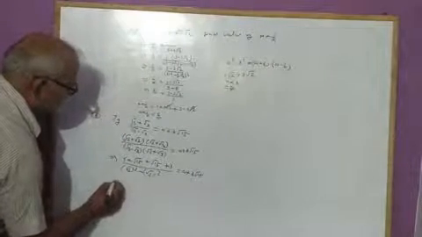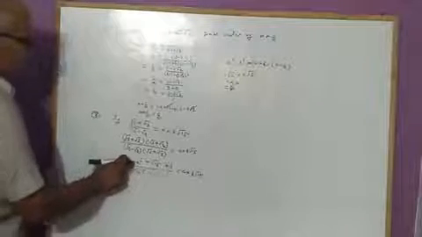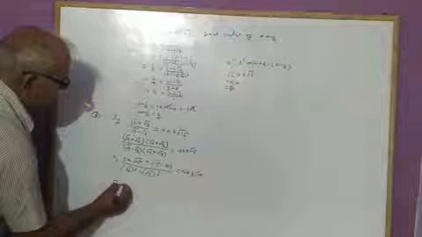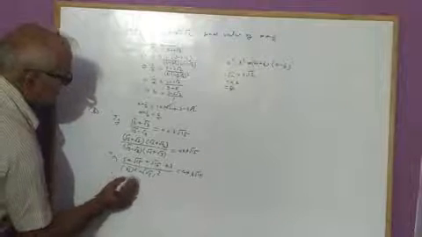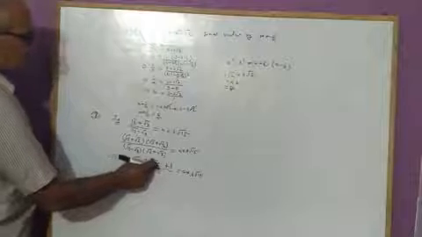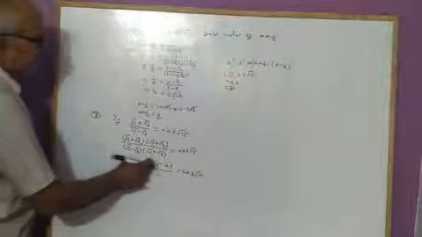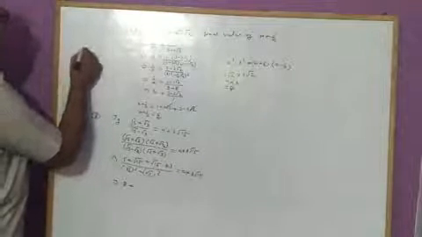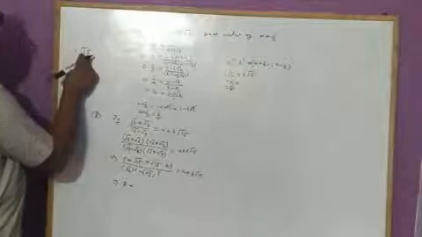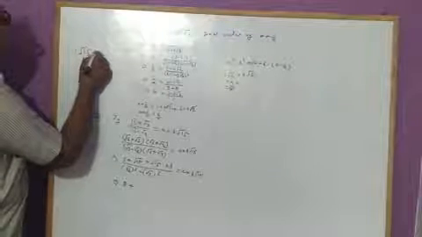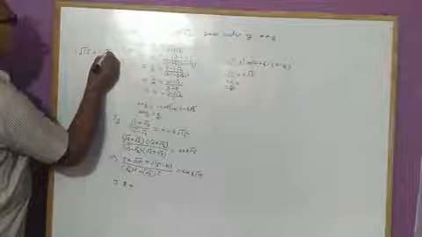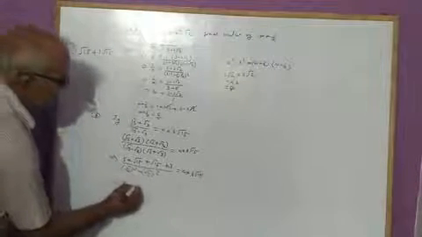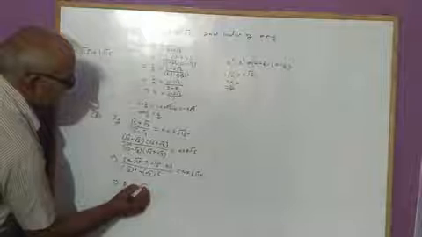Now 5 plus 3 is equal to 8, plus root 15 and plus root 15. You can add root 15 and root 15: one root 15 and one root 15, so 1 plus 1 is equal to 2 root 15.